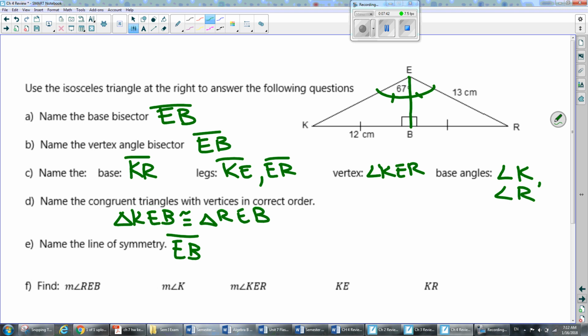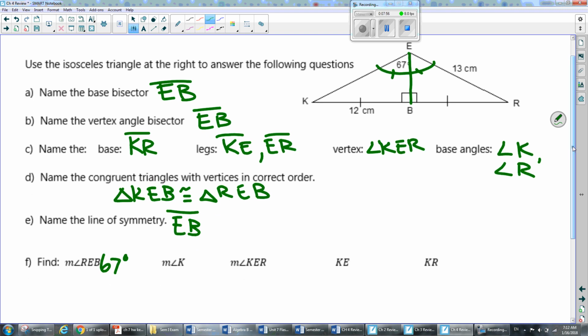That segment has a bunch of names. If we were trying to find the measure of angle REB, that would be 67 degrees since that angle was bisected. The measure of angle K we could find by taking 180 minus 90 minus 67 from that smaller triangle, and that would leave us with 23 degrees. The measure of angle KER would be 67 plus 67, or 67 times 2.